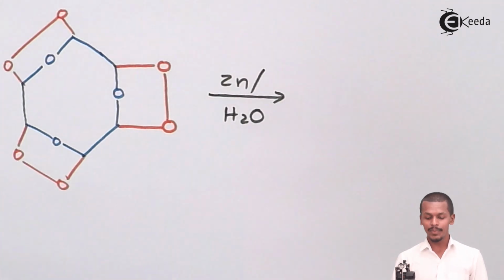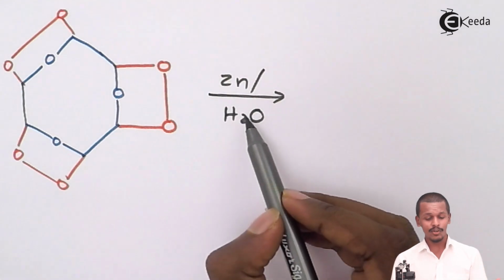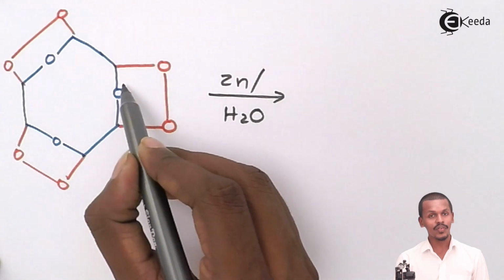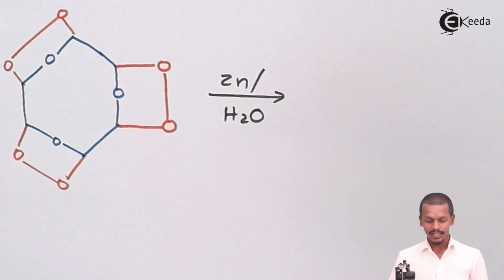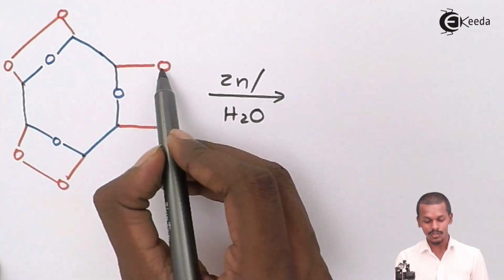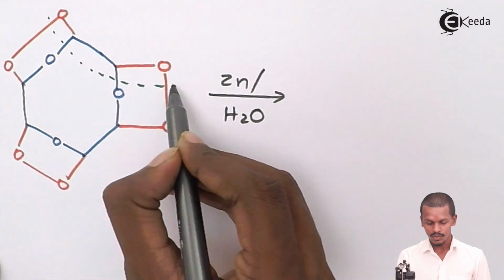Now the zinc would be able to successfully remove this oxygen, while the hydrolysis process will try to break this bond over here. As you could see, if oxygen has been removed from this area, then the only thing that would remain is this carbon atom and this oxygen. So this would be obtained.